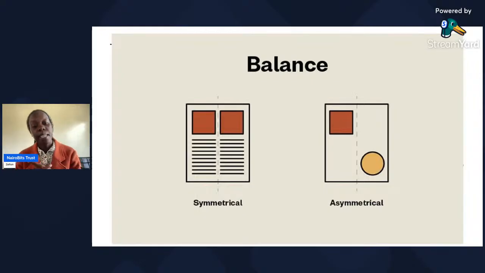Movement is basically you as a designer having to lead the eye of your audience from one point to the other. What is the most important thing you want your audience to learn about? Let's say you've created a poster.